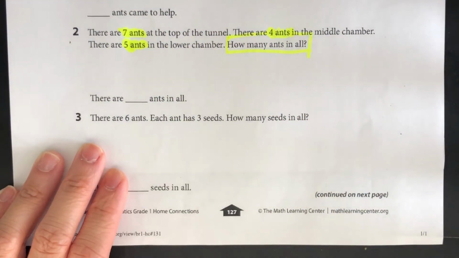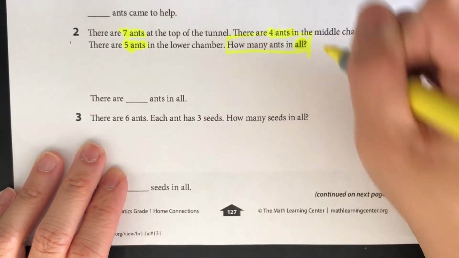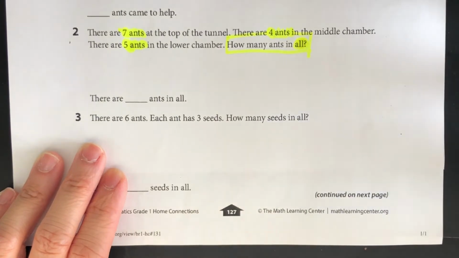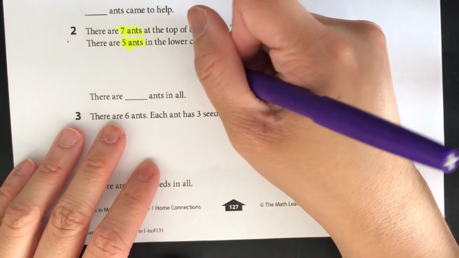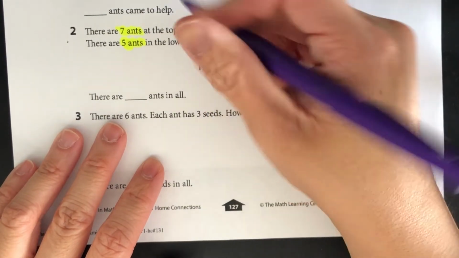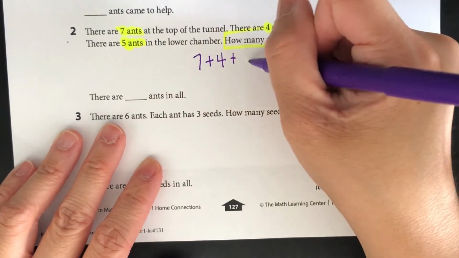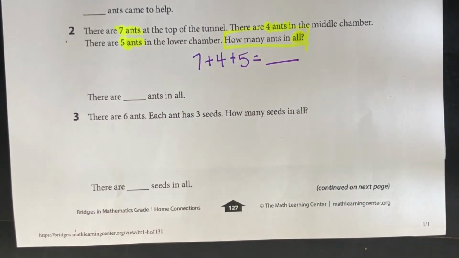Do we hear any special words there? We heard the word all. And when I hear the word all, that tells me that we're adding. All right, so let's go ahead and write our equation. So we still have 7, then there was 4, and then there was 5 more. And that gives you the answer.